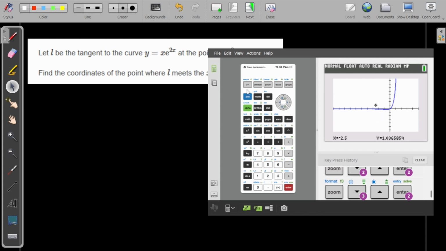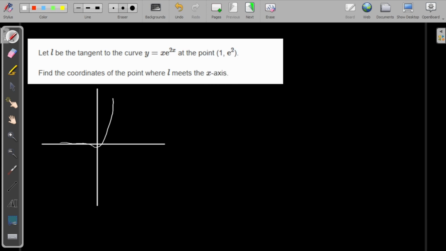Now you see the function, and I have a tangent at the point x equals 1, (1, e squared), somewhere here. So let me graph it here to understand how you will solve this kind of problem. So basically the function goes a little bit down and then goes up. So the graph of this function is this one.